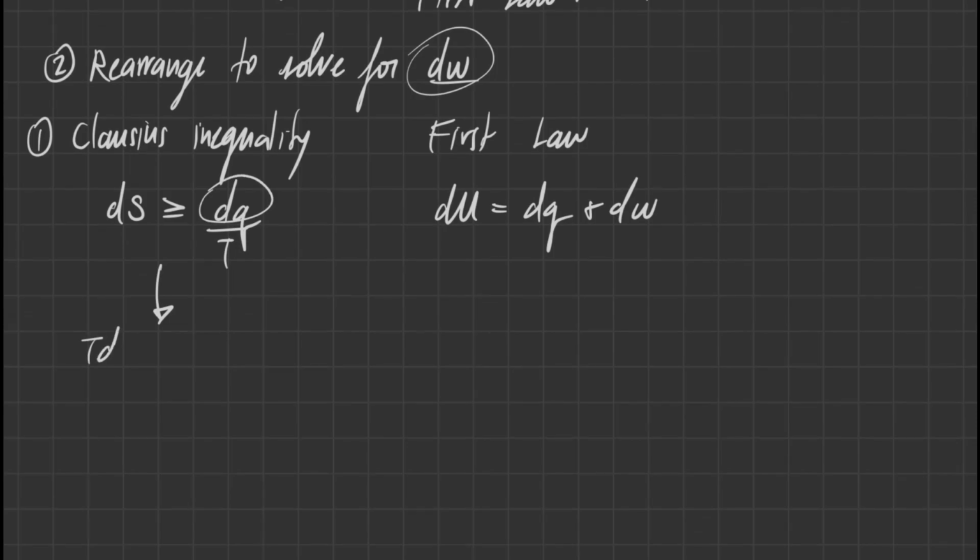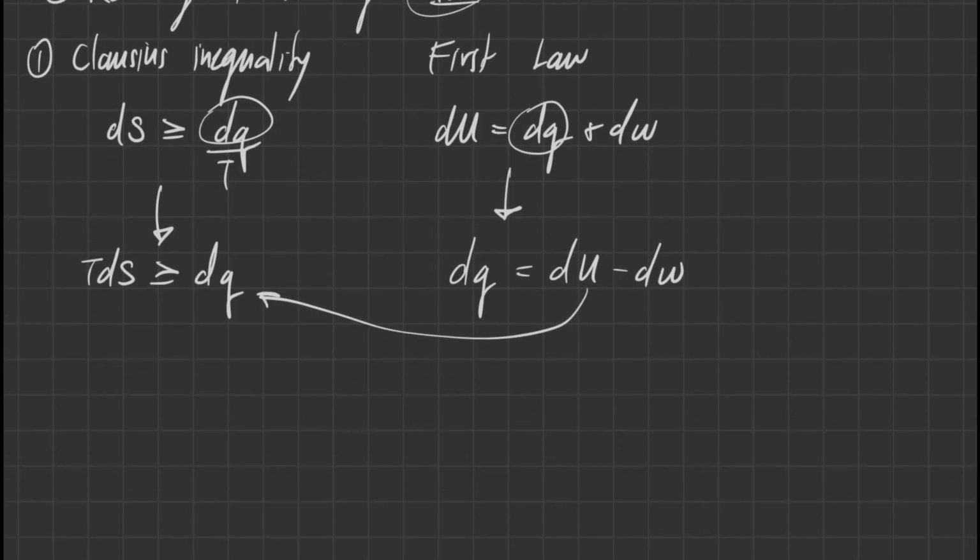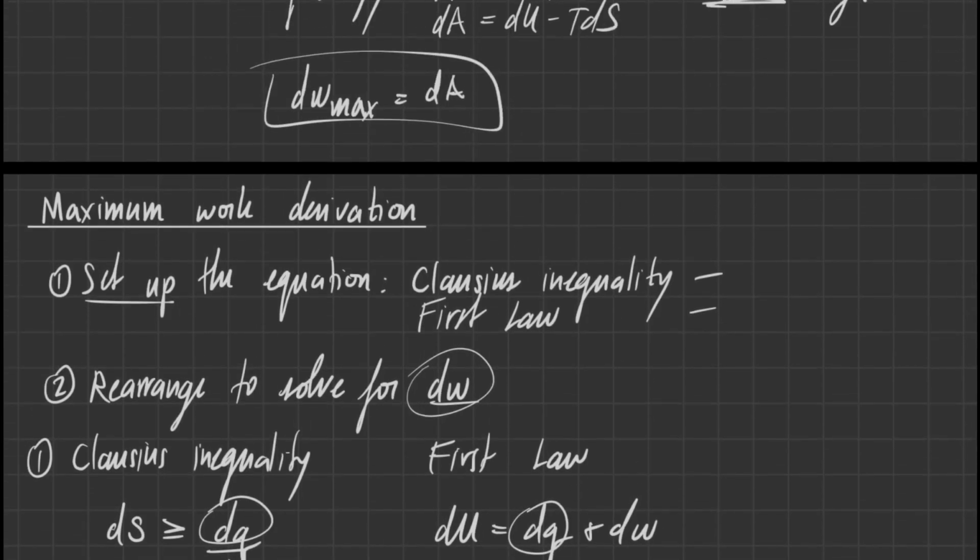So TdS is greater than or equal to dq. Then here we also solve for dq: dU minus dw. Now we can substitute this expression into our inequality, with TdS greater than or equal to dU minus dw. So there's our equation.